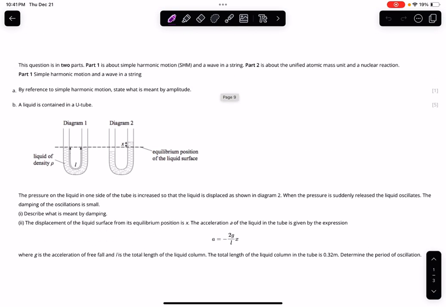Now, first of all, we'll look at what amplitude means. So the main idea is that the amplitude is just defined as the maximum displacement from the mean position. Okay.